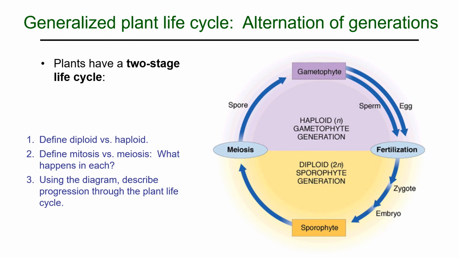So now let's look at this figure. We're talking about plants that have a 2-stage life cycle. They're alternating then between a haploid generation or a haploid state where all the cells in the organism have 1 complete set of chromosomes, and a diploid state where all the cells in the organism have 2 complete sets of chromosomes, which is quite different from what we're used to thinking about.